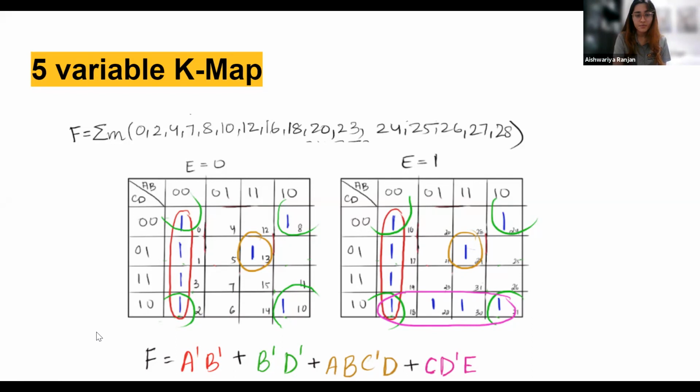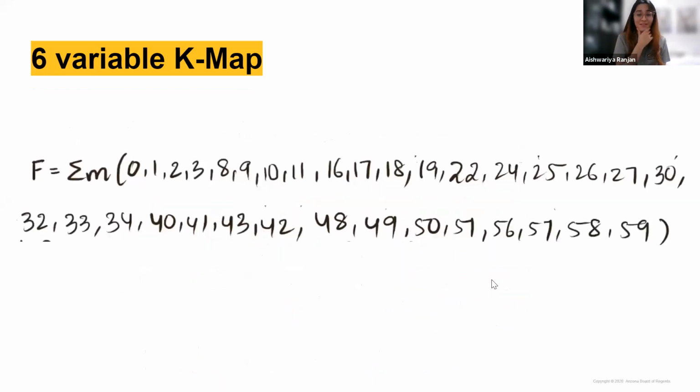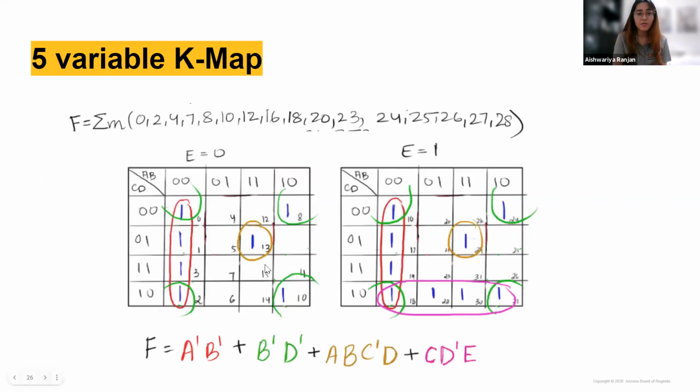Okay. We'll move on to a 6-variable Kmap. Again, I'm going to give you a little longer this time to do this Kmap. It's similar to the 5-variable Kmap. It's just that instead of 2, you'll have 4 now because you have one more variable, right?